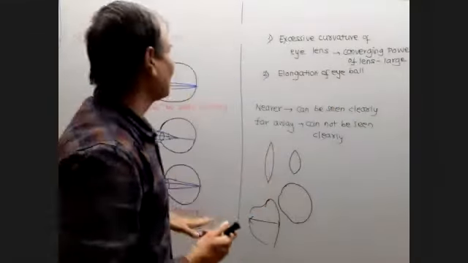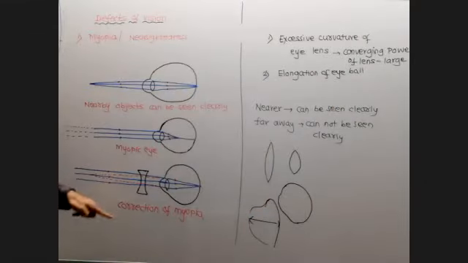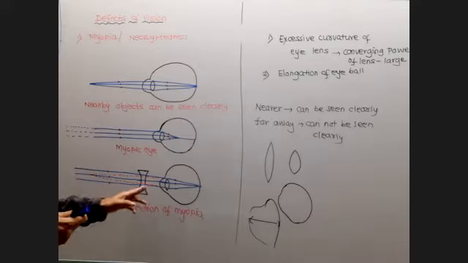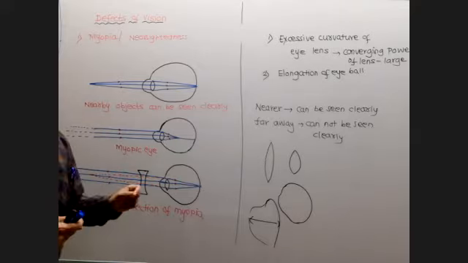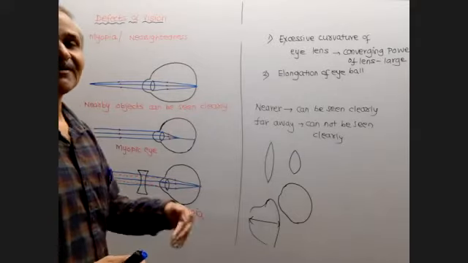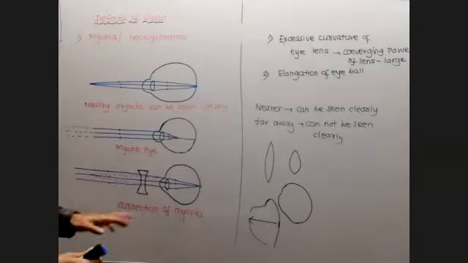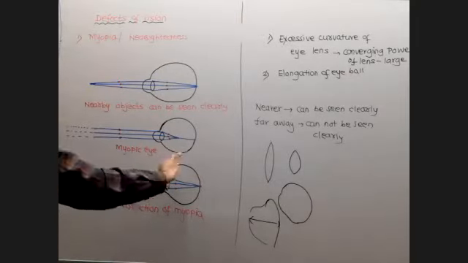Okay. And now in the third case, how to correct this myopia? By using a concave lens of suitable focal length. Because concave is a diverging lens, and convex is a converging lens. So these rays are diverged much more.